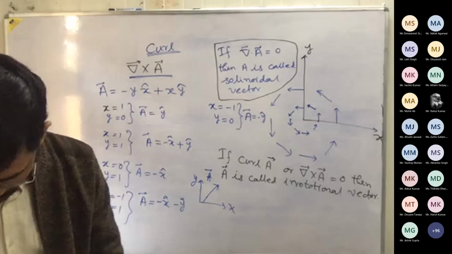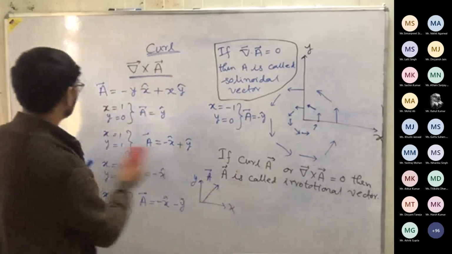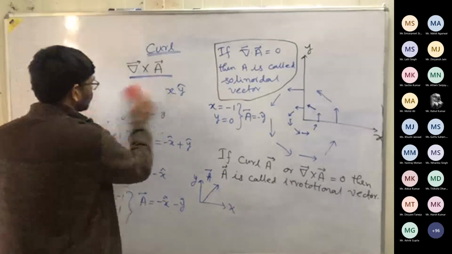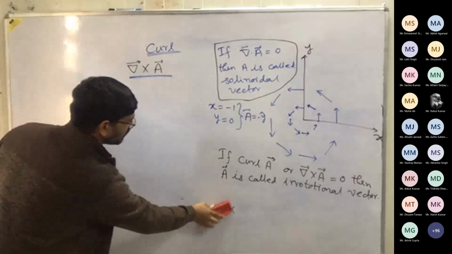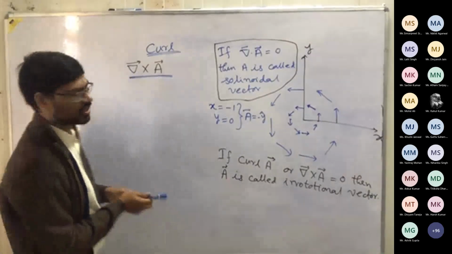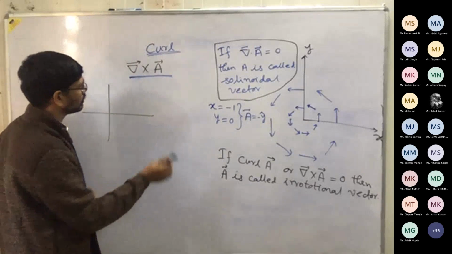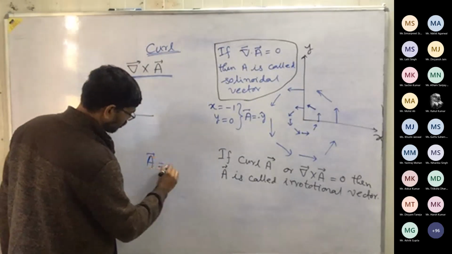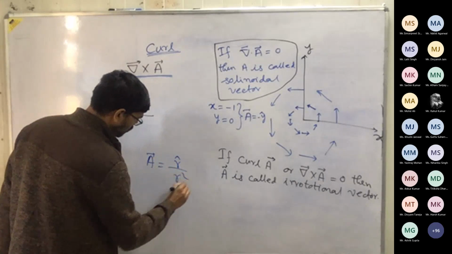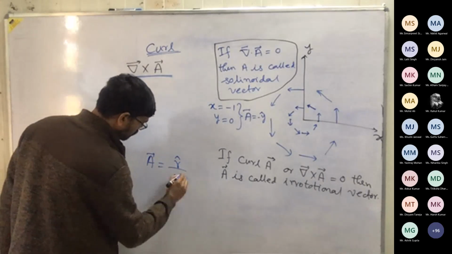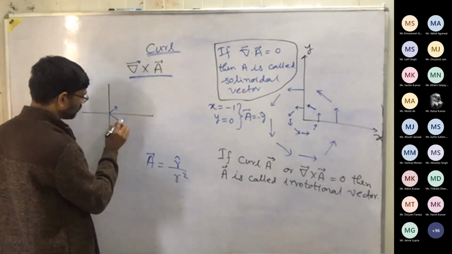Sir, can you explain the solenoidal vector? Let's say this vector A is equal to some vector r cap by r square. So the magnitudes are like this.